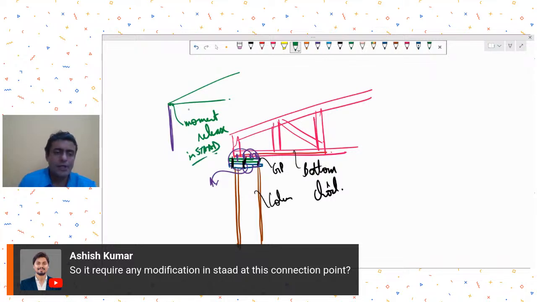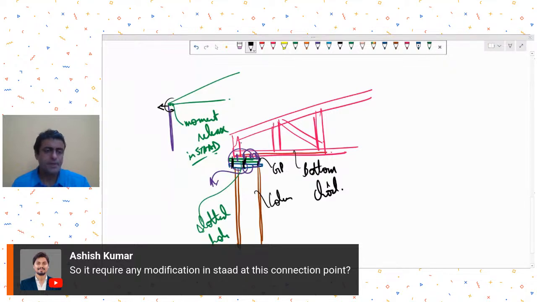Suppose you are trying to have a slotted hole connection over here, then they will also release the translation and moment.